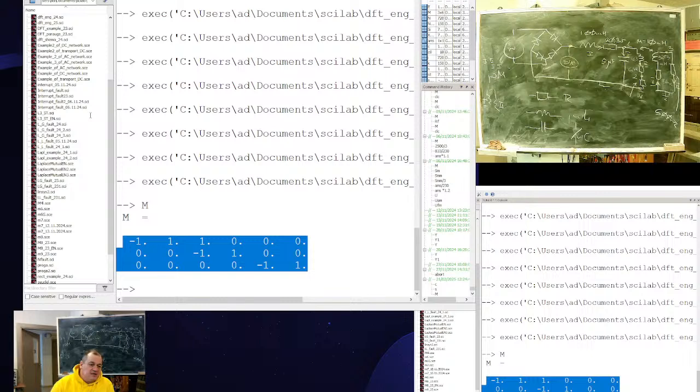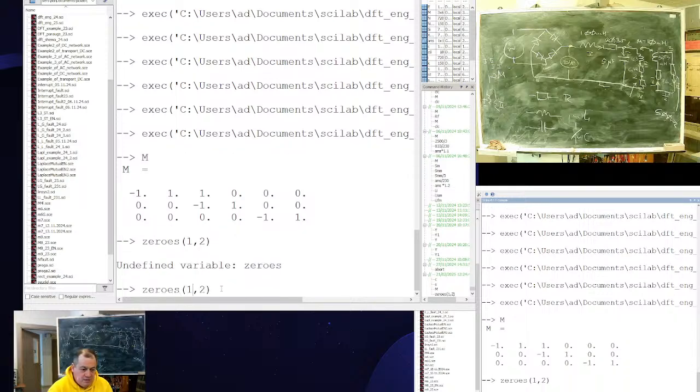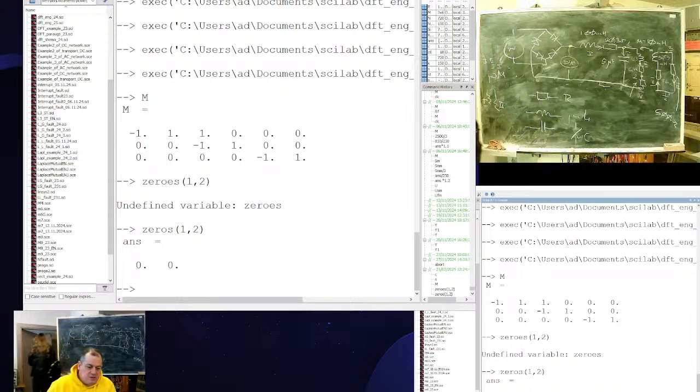It just takes the size of a matrix, and I will need a transposed one, so I used it. One second. Zeros.